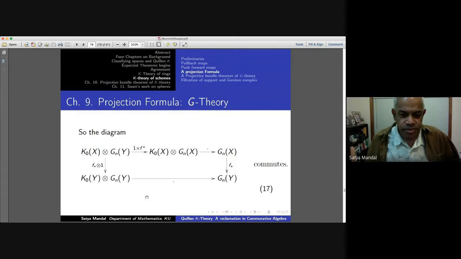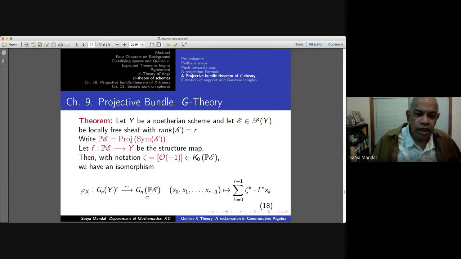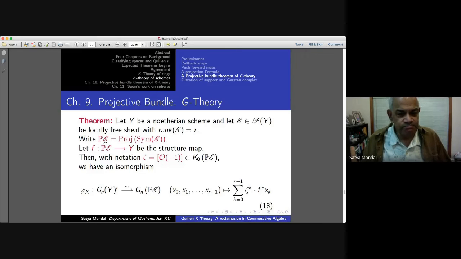More popular theorems are these: you take any Noetherian scheme Y and a locally free sheaf E on Y, say of rank r. You look at the Proj of the symmetric algebra, and most of you would know this definition of P(E).